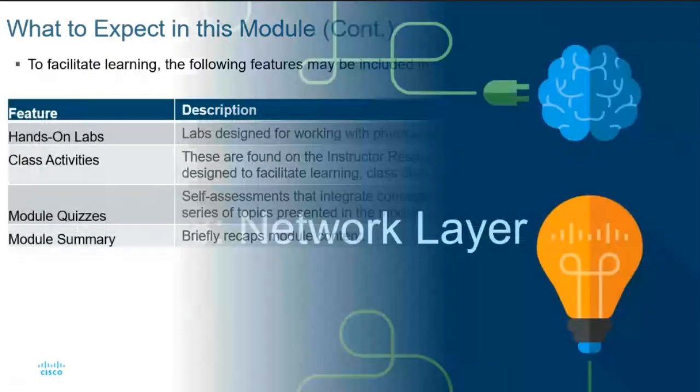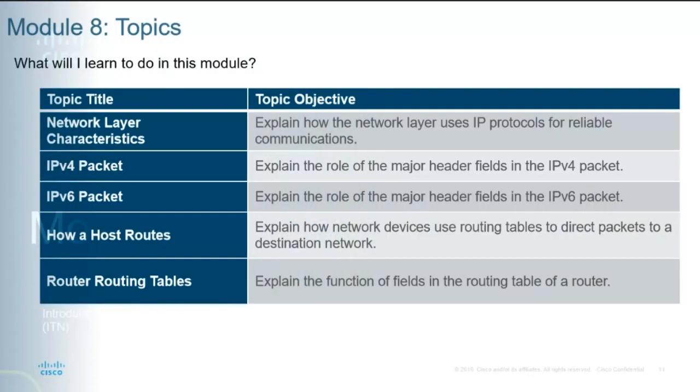So, the module objectives, we have 5 topics about the network layer characteristics. Explain how the network layer uses IP protocols for reliable communications. The IPv4 packets, ano yung mga major header fields in IPv4 and also in IPv6 packet.